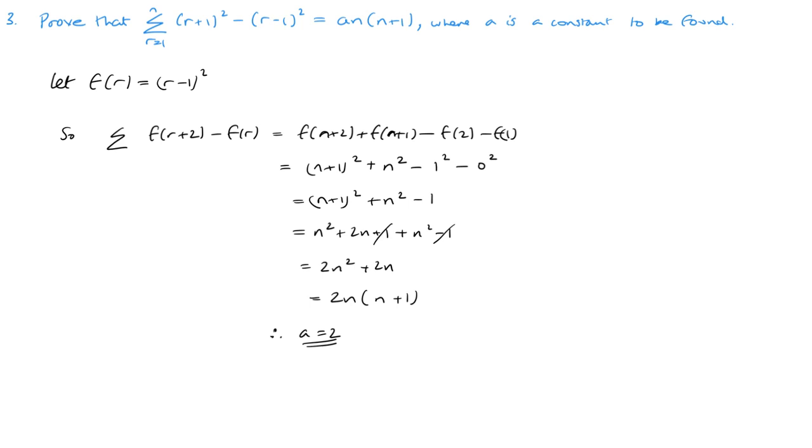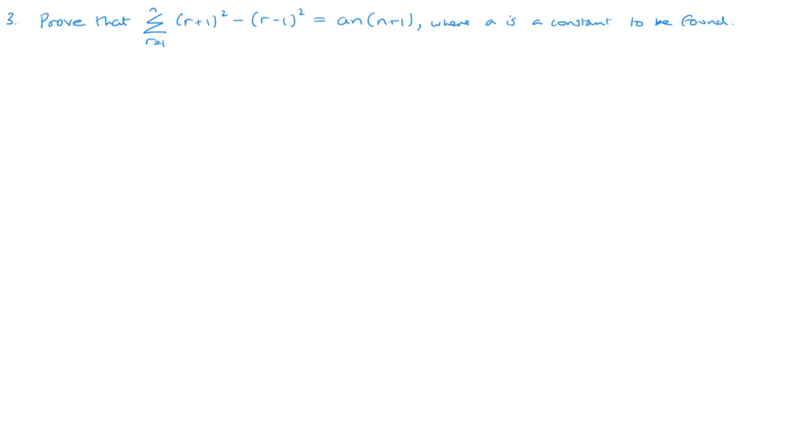Of course, we can just do the full method of differences, which I'll do now. So that would mean the sum between 1 and n of r plus 1 squared minus r minus 1 squared. Substituting r equals 1 in, we get 2 squared minus 0 squared. Substituting r equals 2 in, we get 3 squared minus 1 squared.